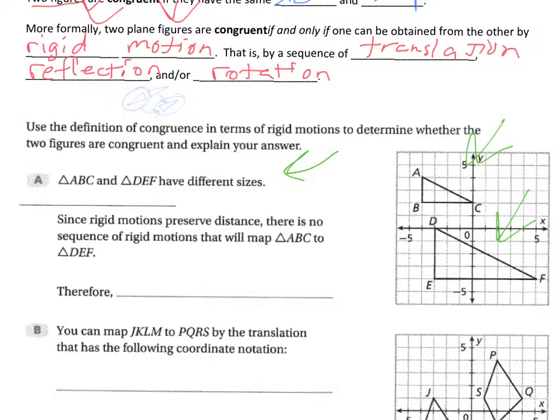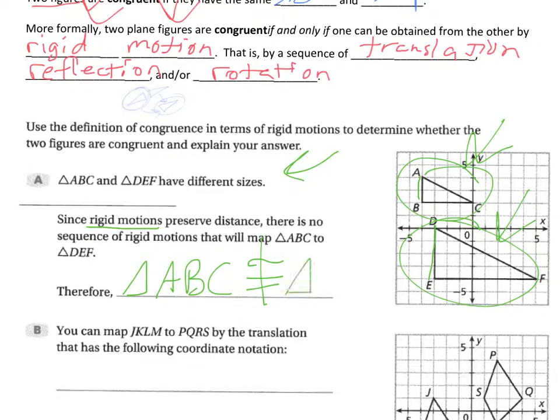Since rigid motion preserves distance, meaning that the distance from point A to point B is different than D to E, and if it did have rigid motion, it would have the same distance. That means there is no rigid motion between these two triangles, therefore they are not congruent. And the way we would write that is to say that triangle ABC is not congruent to triangle DEF.